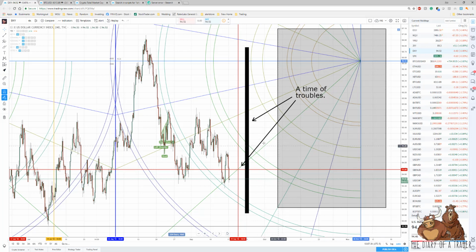We should experience a pretty volatile time, and so anything that is in a significant trend and at or near important calendar year highs, all-time highs, or important swing highs or lows, we should expect to see a big change in that trend for at least 45 to 90 days. Continued analysis will have to be done to determine if that's going to continue longer, but we'll just have to keep our eyes on that.